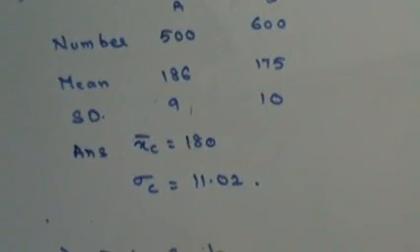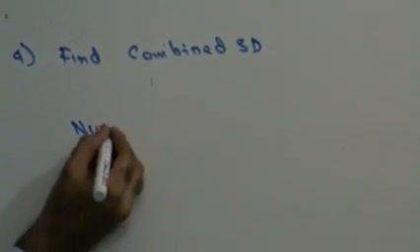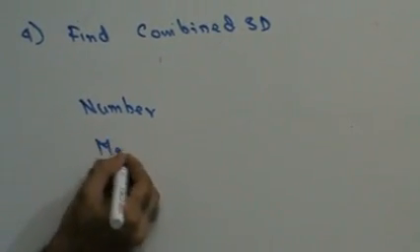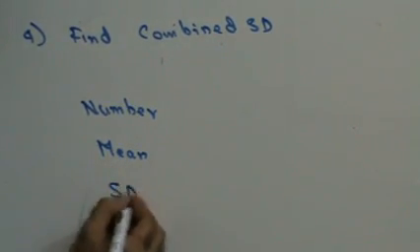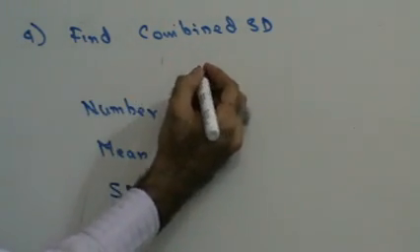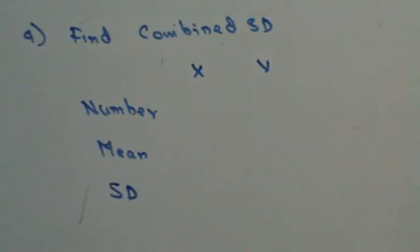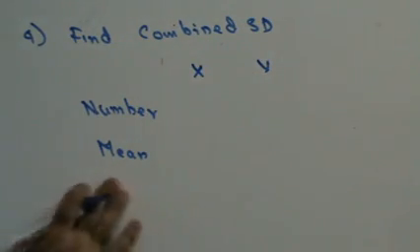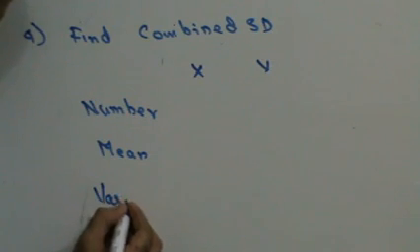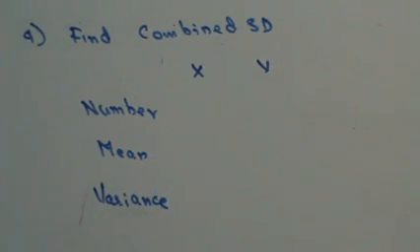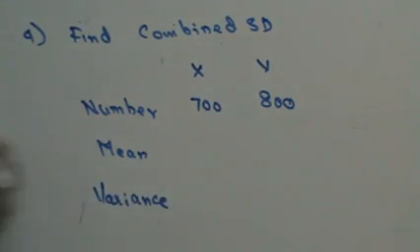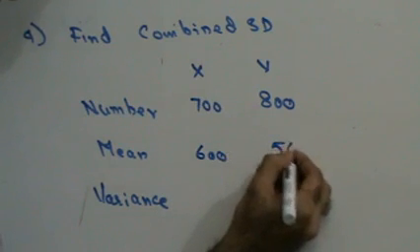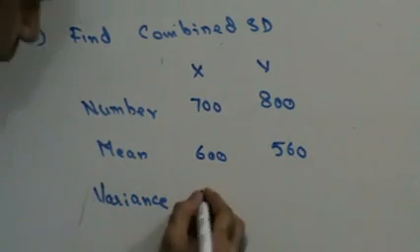Find combined standard deviation. Number, mean, standard deviation. From X and from Y. Instead of standard deviation, suppose if they give you variance. 700, 800, 600, 560 and 400, 625.